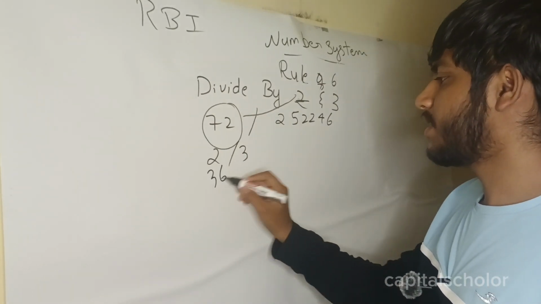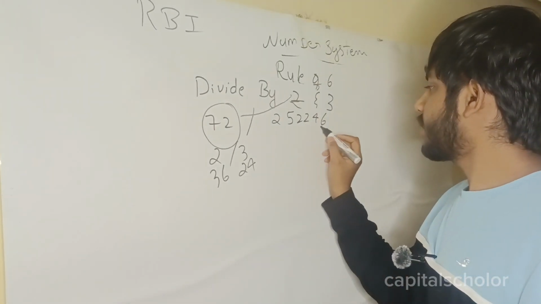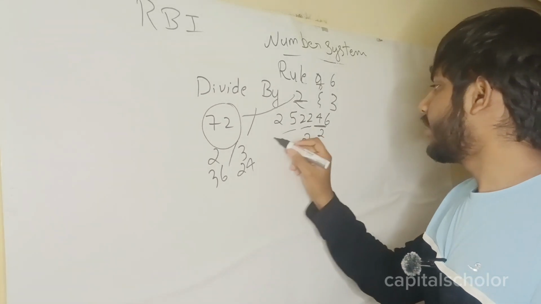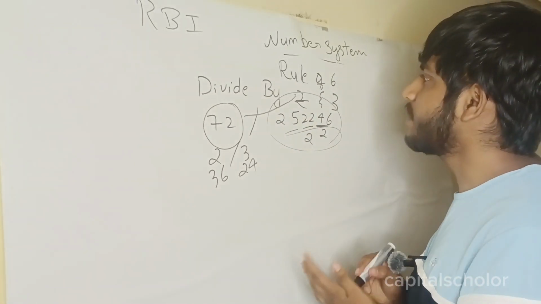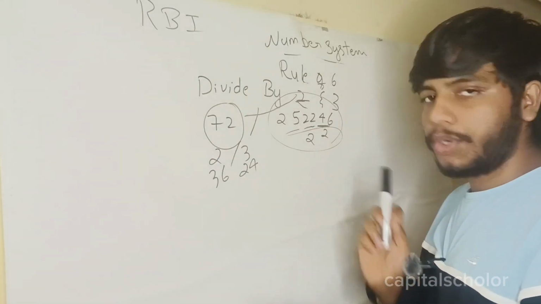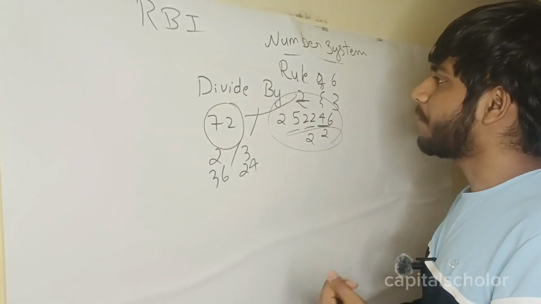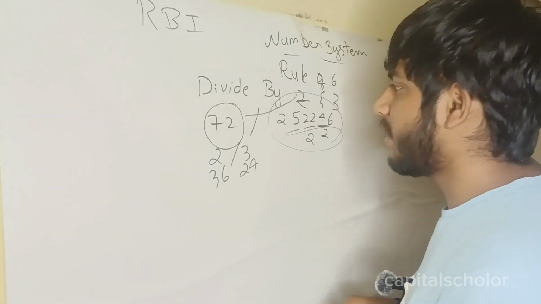Divided by 2 it will be 36, divided by 3 it will be 24. Likewise, these numbers can all be divided by 2 and 3. So if the number is divisible by both 2 and 3, it will match the criteria of the rule of 6.